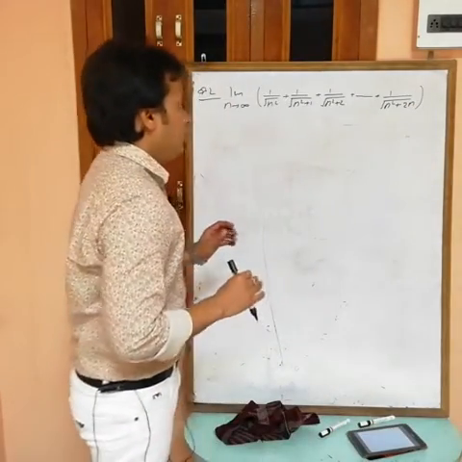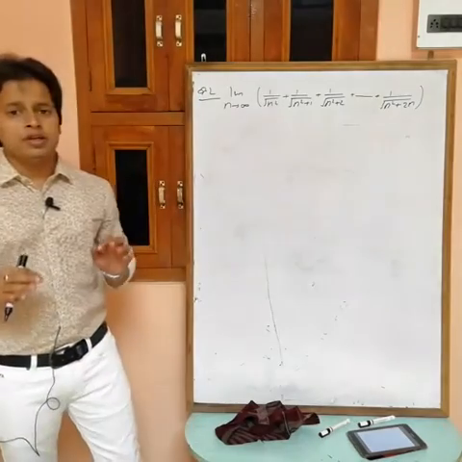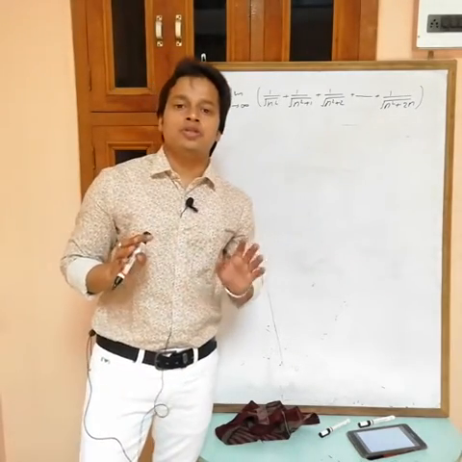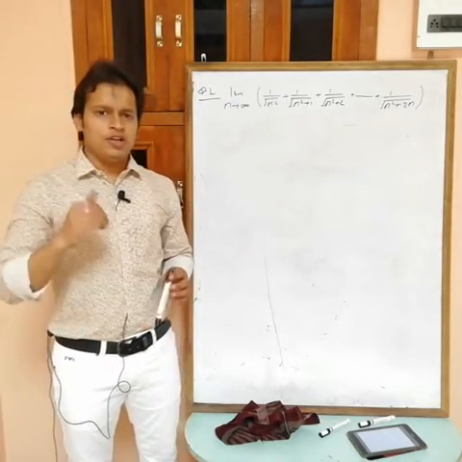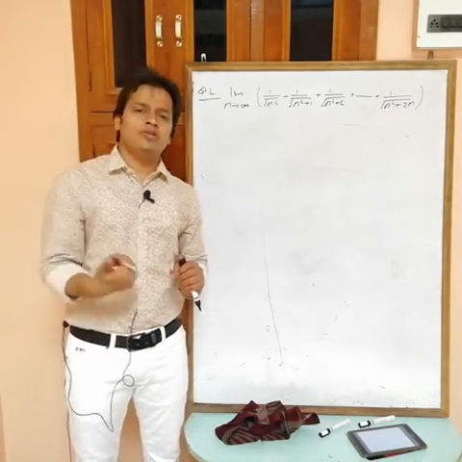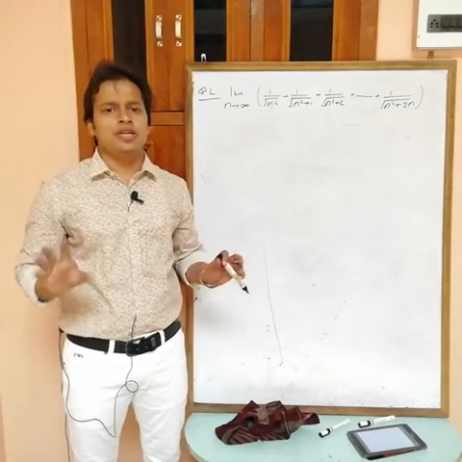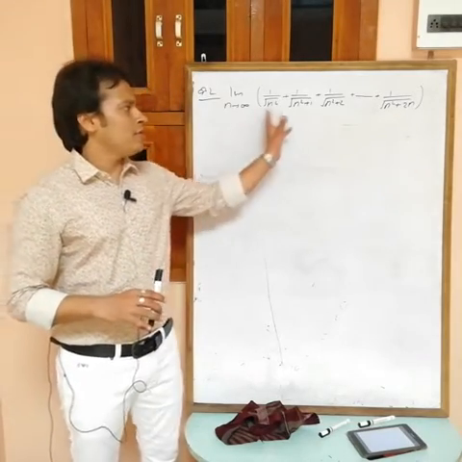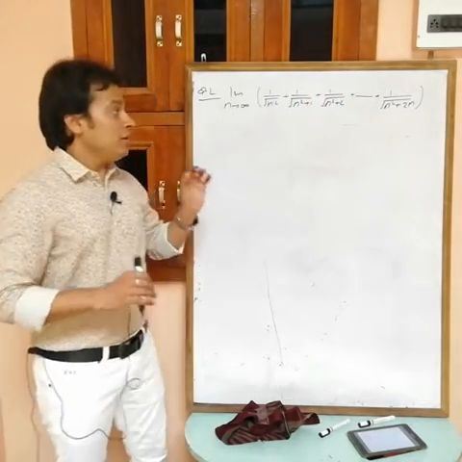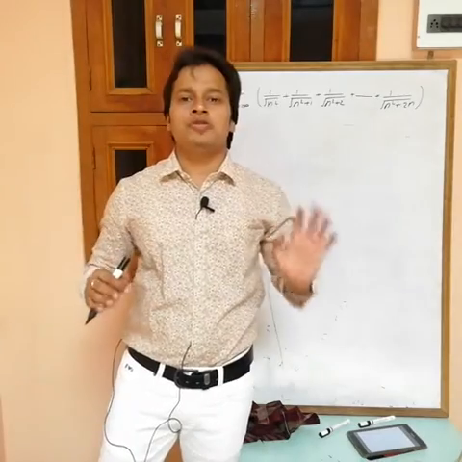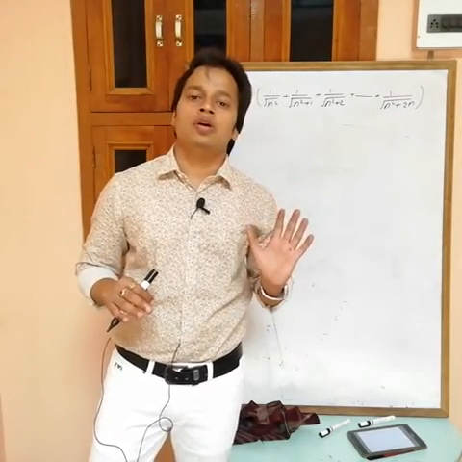Now again, if the denominator is the same, then there is no need to use the sandwich theorem. If the denominator is the same and in the numerator you have a sequence, then you can directly take the LCM and add the numerators, then you will find the limit. But if the denominator has the sequence, then you have to use the sandwich theorem.